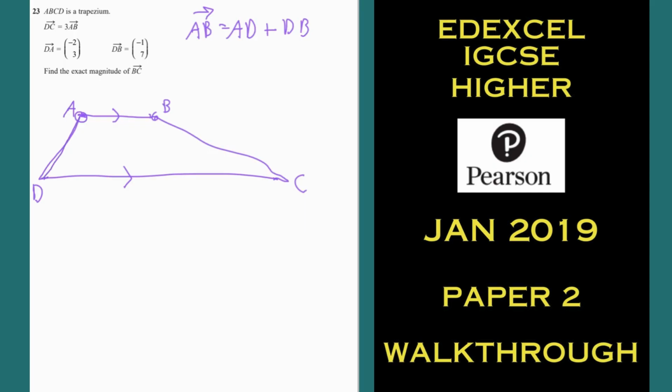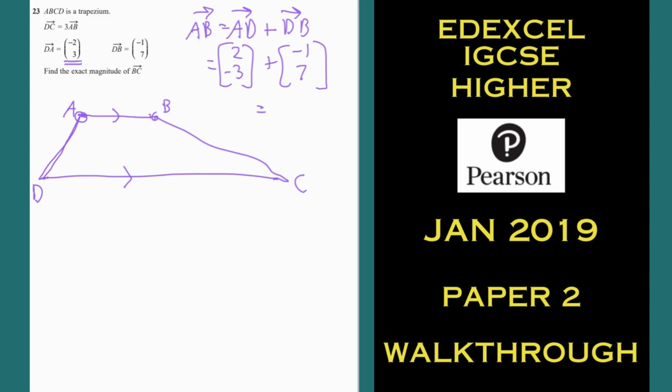That way around and then that way around. Now be careful with your negatives, because what that means is A to D is opposite to that. So it's a 2 on top and a -3 on the bottom. Added, now DB is the correct way around. So we actually do know the journey from A to B.